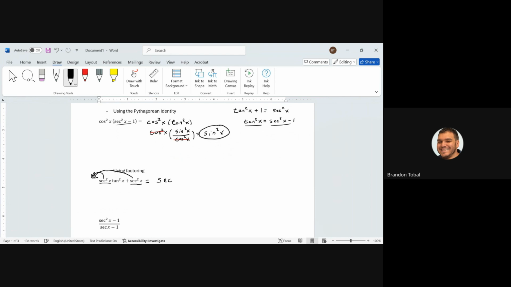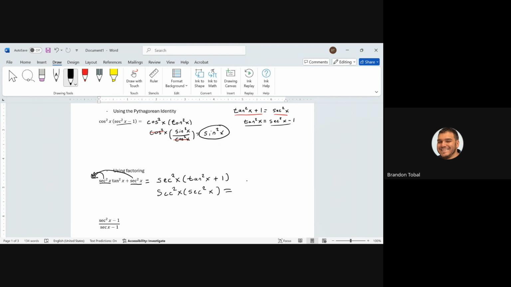So I could rewrite it as secant squared x times tan squared x plus 1. Well, earlier I said tan squared x plus 1 is secant squared x. So I could rewrite this as secant squared x.